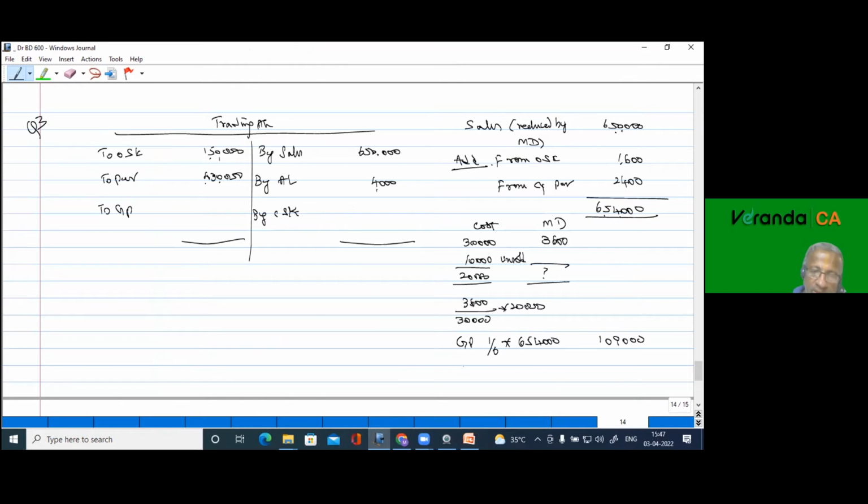Correct. Then all this markdown not realized is 4,000, so 4,000 we are expected to deduct. So gross profit is 1,05,000.